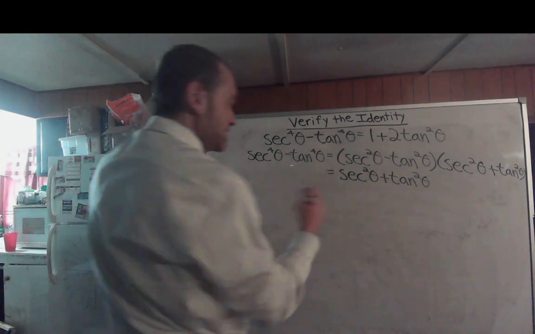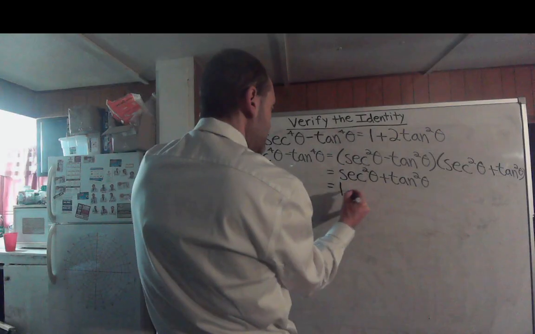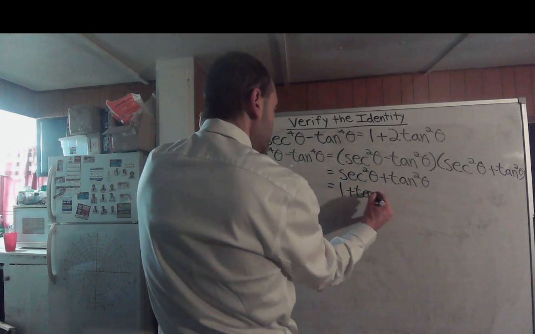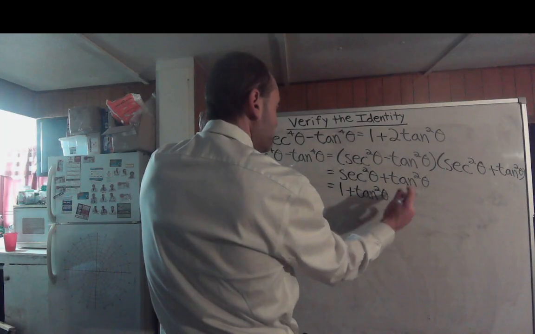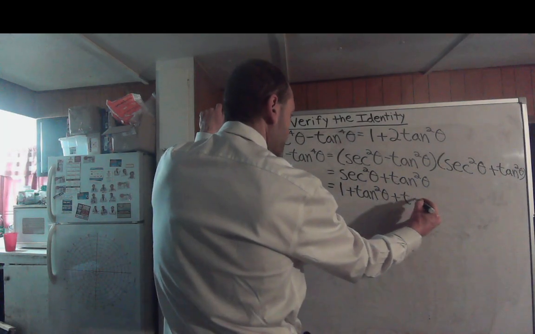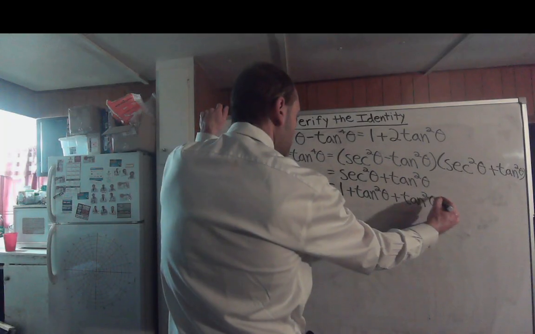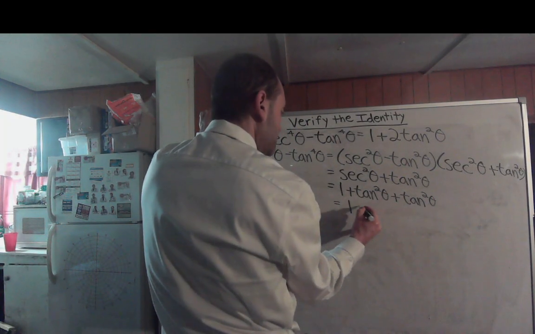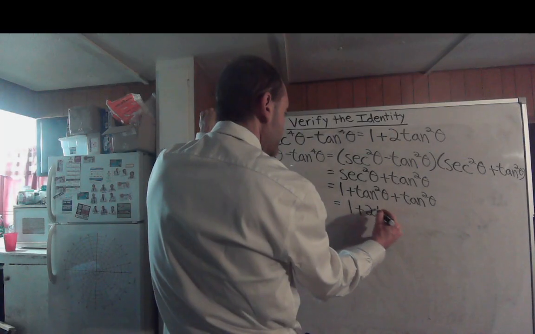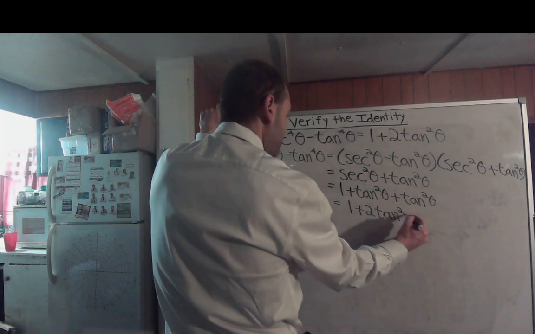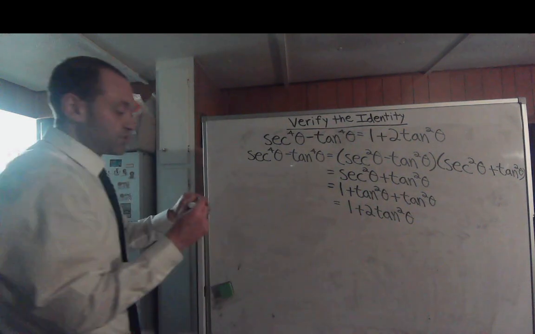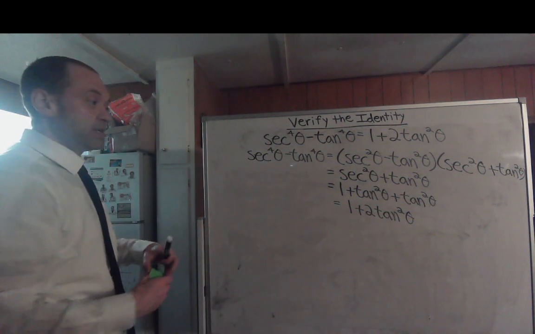That's just 1 plus tangent squared, right? So we can take 1 plus tangent squared of theta plus that tangent squared of theta. You actually end up getting it's equal to 1 plus 2 tangent squared of theta. And don't forget to write your therefore statement, and then you're done.